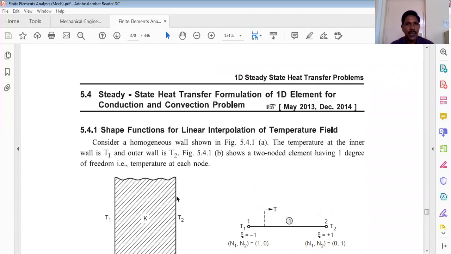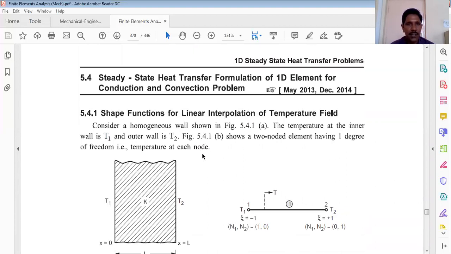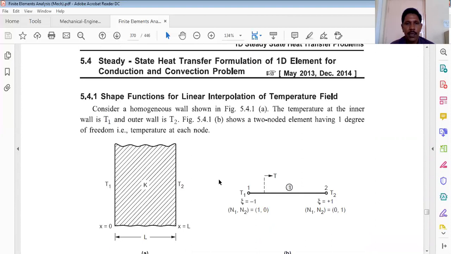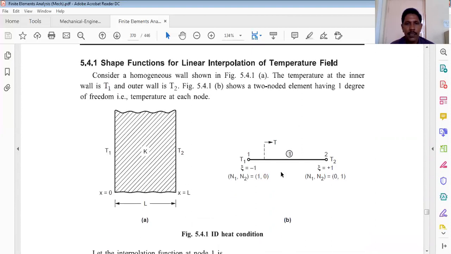Now, steady state heat transfer problems for 1D elements for conduction and convection problems. Basically, we have the same set of shape functions as in structural problems, wherein a member is considered as one single element.